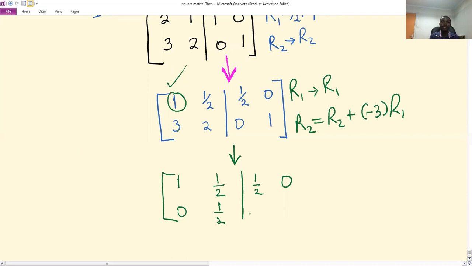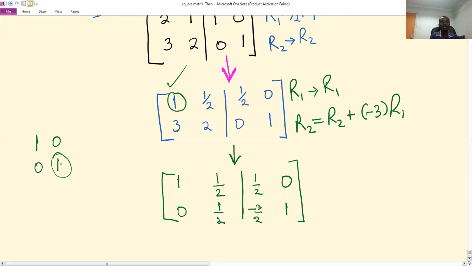And then 0 plus minus 3 times a half gives me minus 3 over 2. And then 1 plus minus 3 times 0 is just 1. Good. Now remember, at this point, I should know that it should have this structure of an identity matrix.